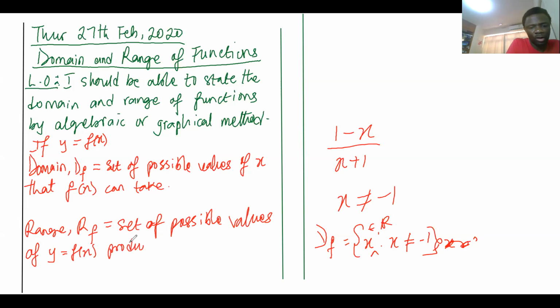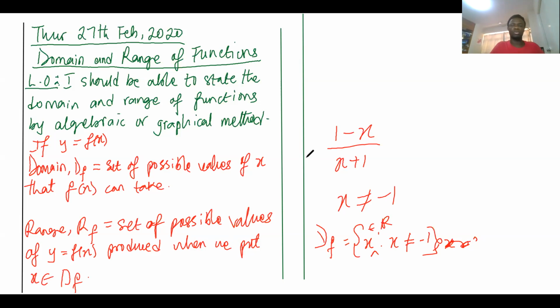So all these y values that are produced when we substitute or when we put in x. Remember, x is in the domain. Okay? If you put in all possible x, what are all the possible y's you can get? That's our range.